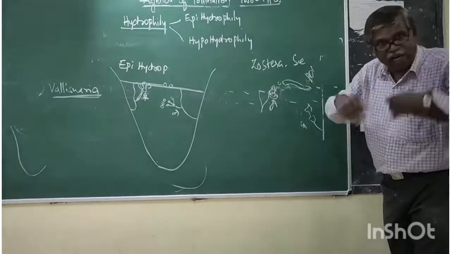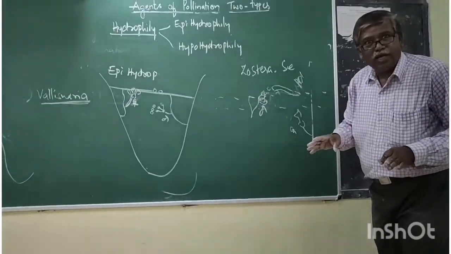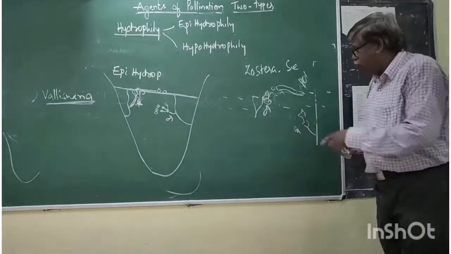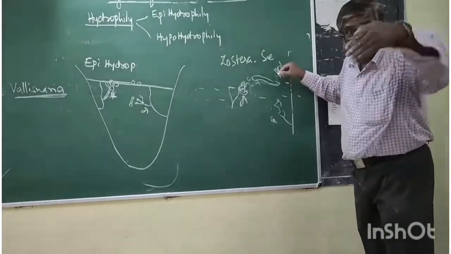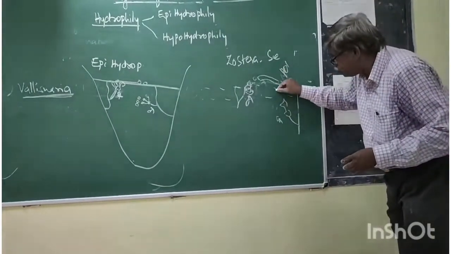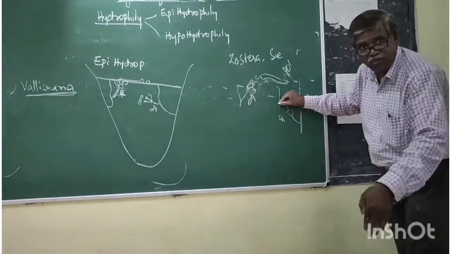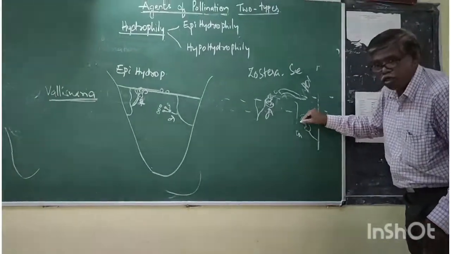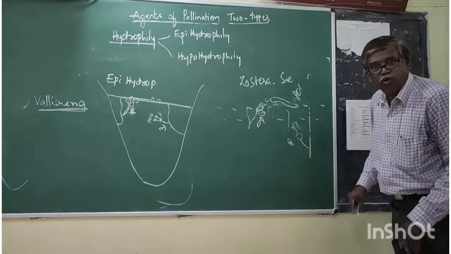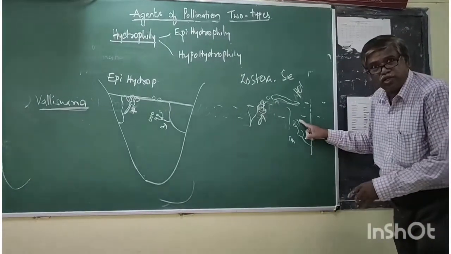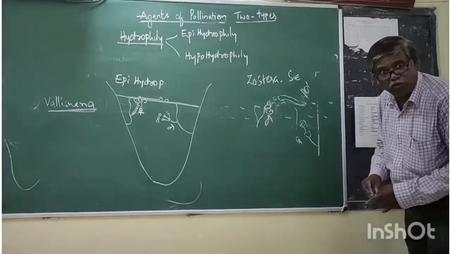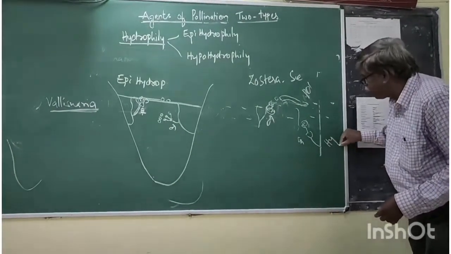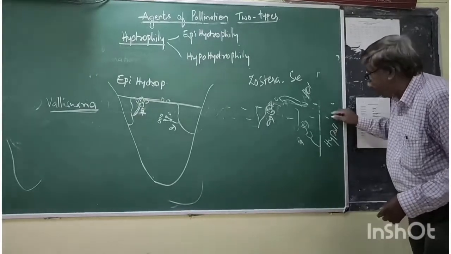The shape itself is an advantage to swim. This ripple-like pollen grain swims towards the bottom and reaches the stigma, deposited on the stigma below the water. Hence, it is hydrophilic.